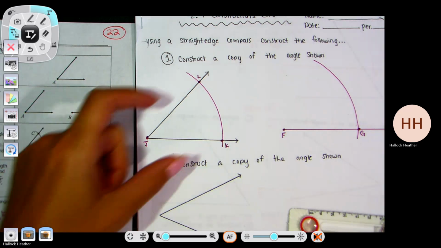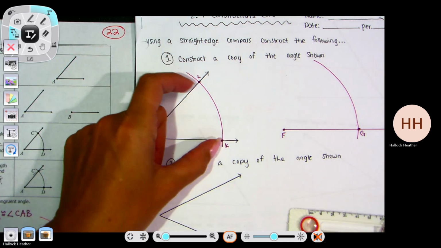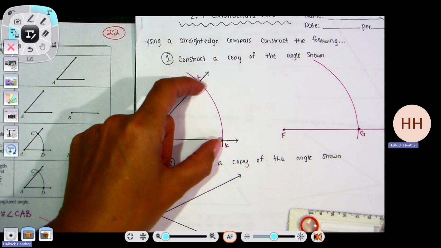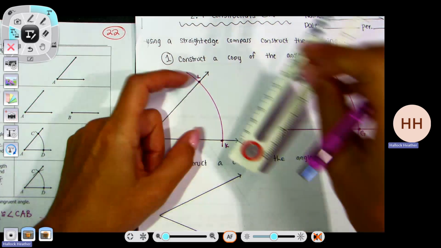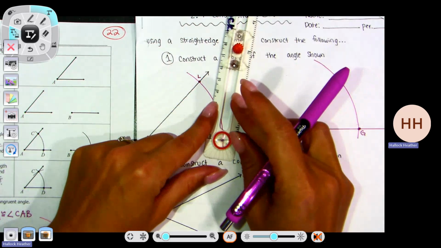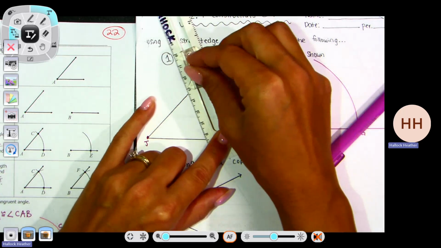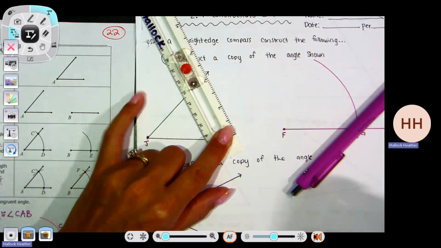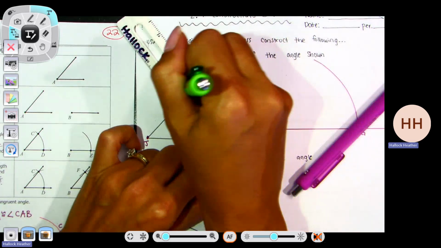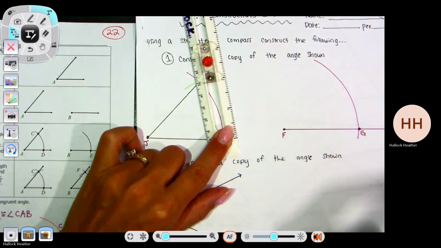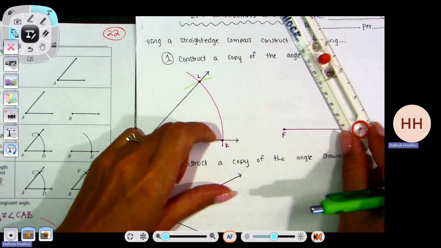We put it on K and we open to L to measure the opening. So we're gonna put it on K. We're gonna open up to L. So that way I can measure the opening. I'm gonna make an arc mark. So that way it's like, I've measured this. I know how far it goes. I'm gonna make that same arc over here.